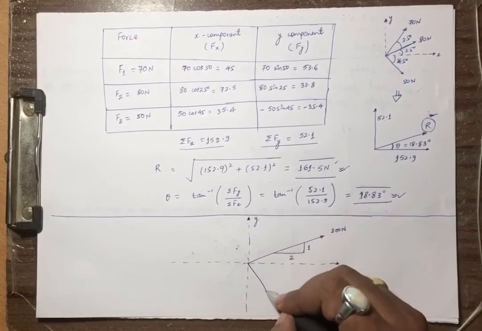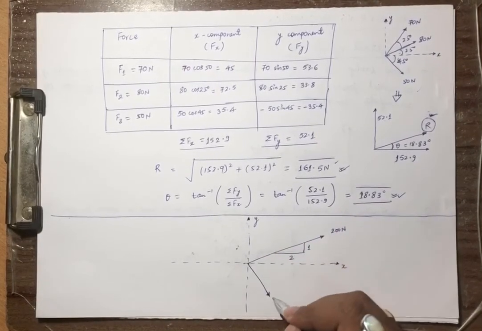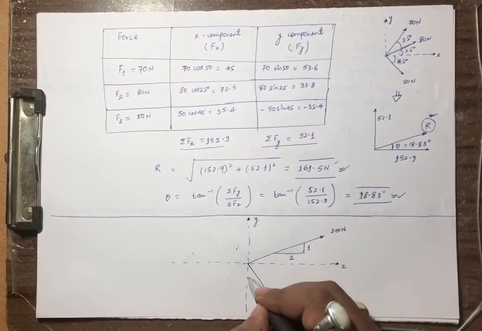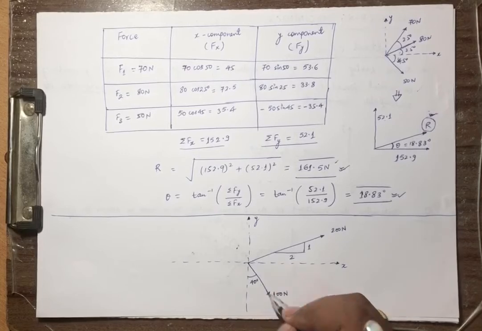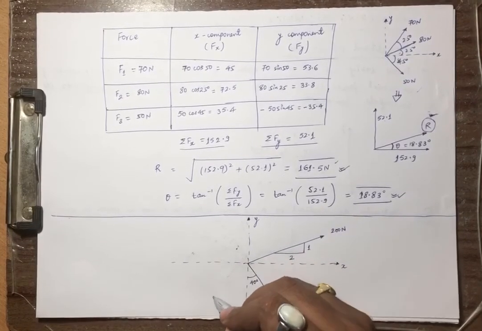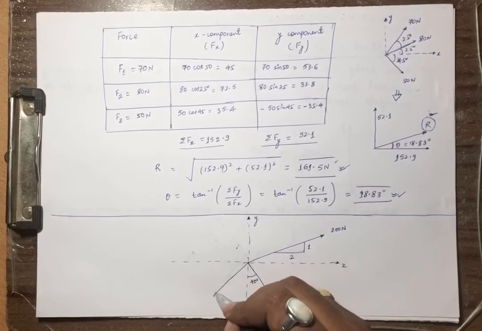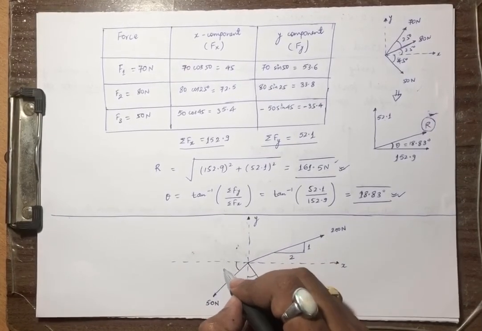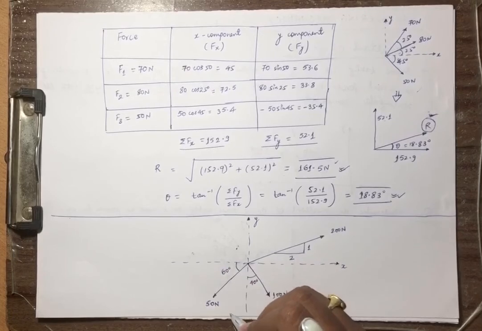Here the second force is 100 Newton, the angle is 40 degree. Now this is a 50 Newton force, acting at 60 degree.